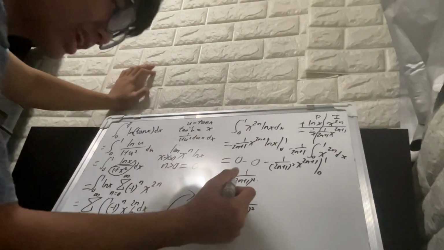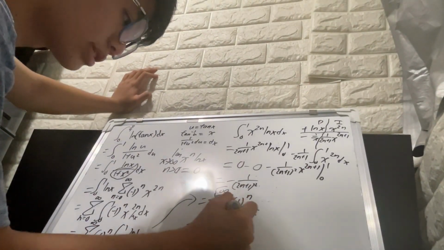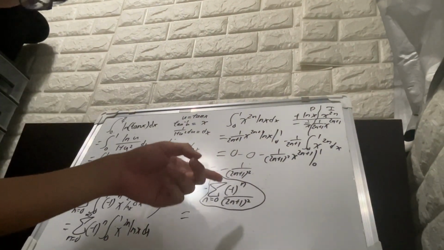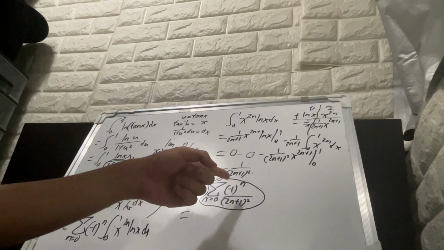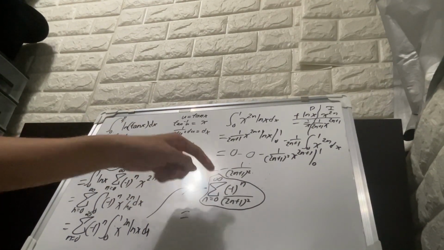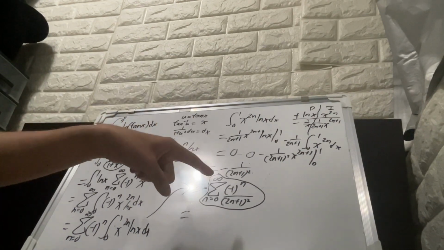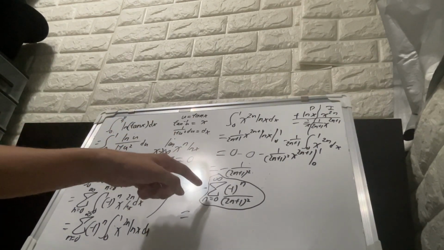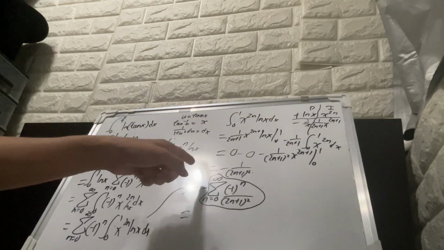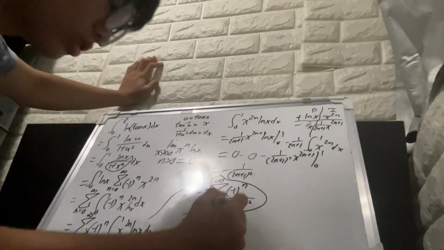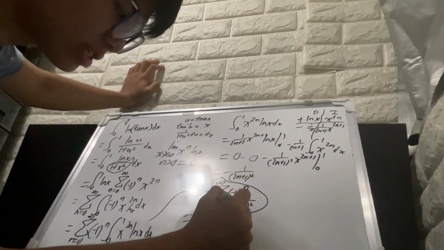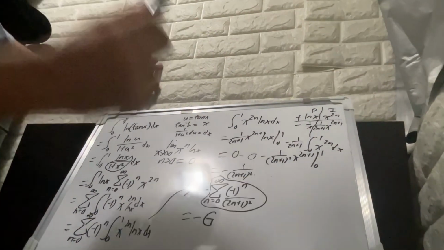Look at this, it actually has the form like that. Whenever you see the sigma, the sum of (-1) power of n over (2n plus 1) squared, n starting from 0 and going to infinity, this one is just equal to, in front we have a negative, and then this is equal to G, like that.